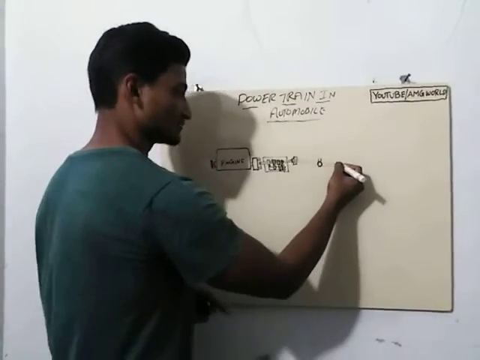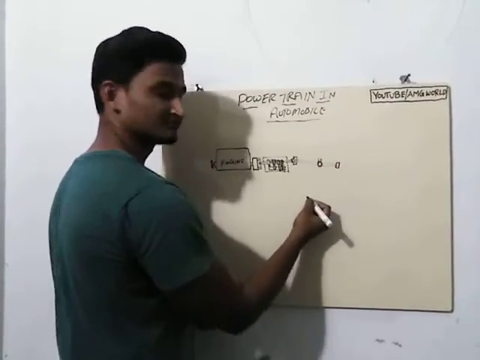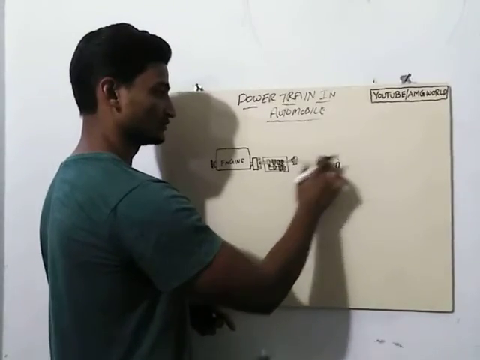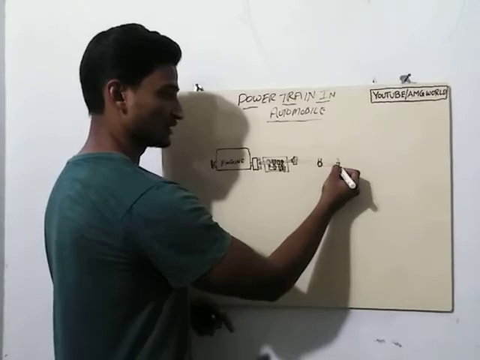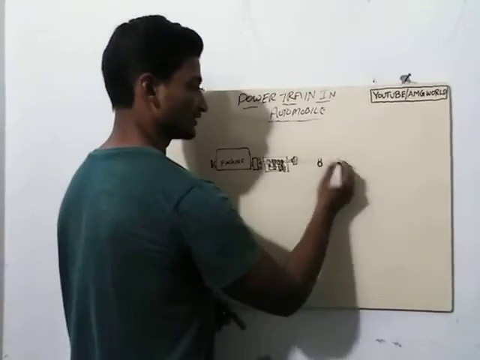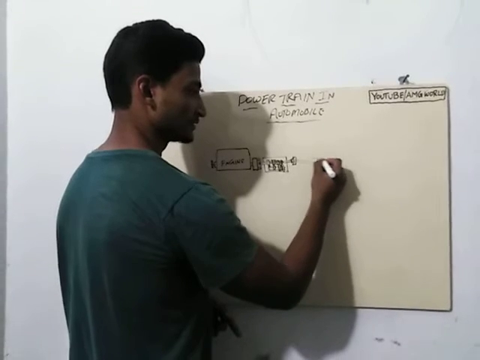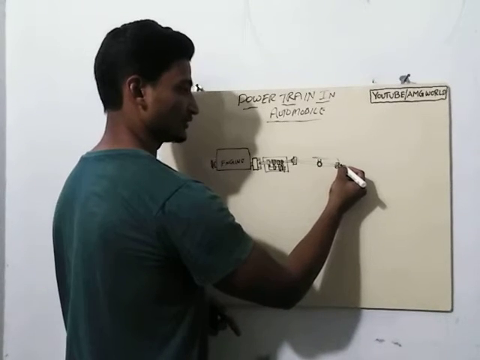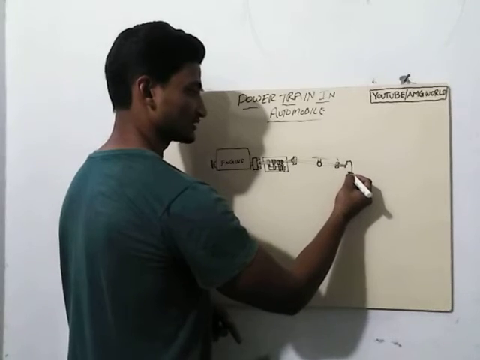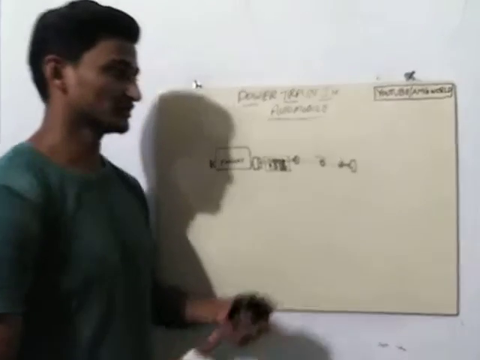So here comes another joint which is similar to this one, also a universal joint. And next to this one we have an extension shaft which is connected to a housing.